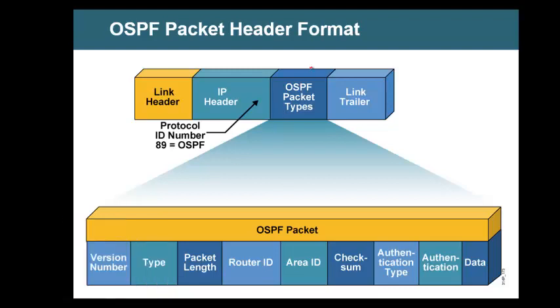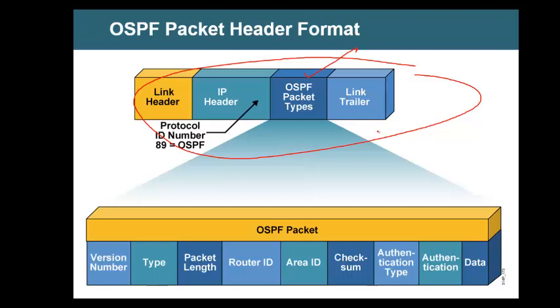This is a normal IP packet where you have a protocol field. In the protocol field you will have OSPF, protocol number 89. When protocol 89 is on, these fields will be automatically created and you will see version 2. What is version 2?